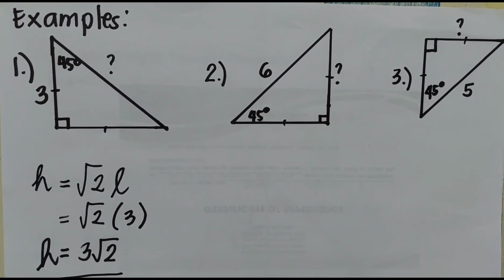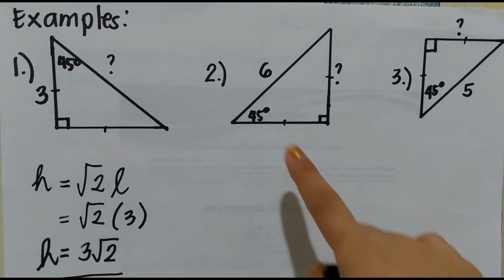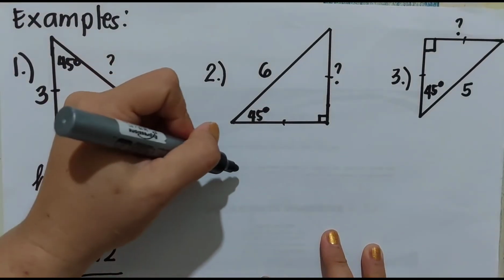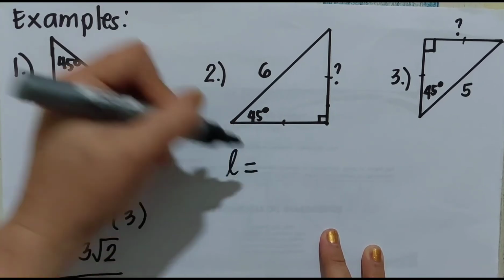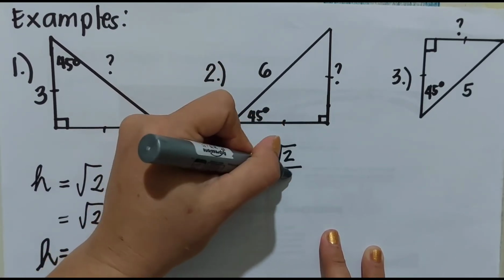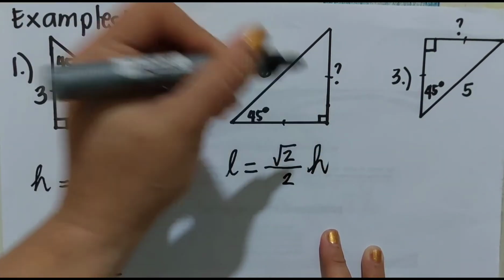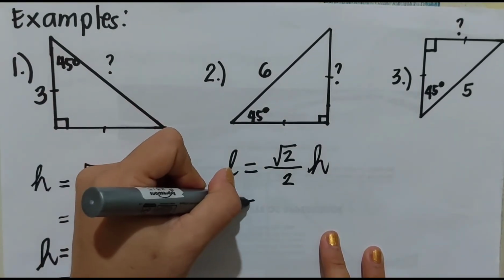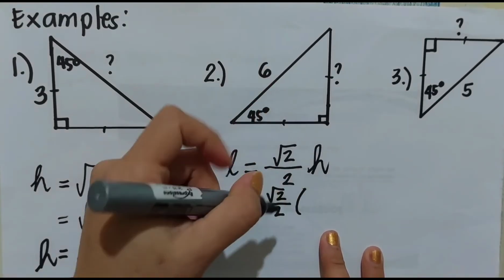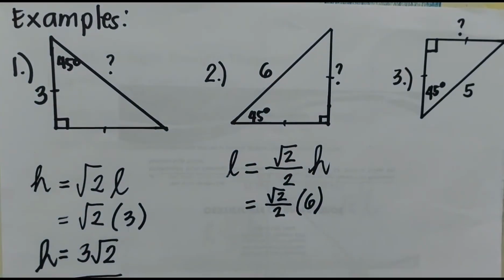Okay, so very simple. Now, in number 2, the given measure is 6, which represents the hypotenuse. So we have to find the measure of your leg. Remember that the leg is equal to, what is the formula? Square root of 2 over 2 times the hypotenuse. So again, you simply substitute. You copy square root of 2 over 2 times the hypotenuse, which is 6.